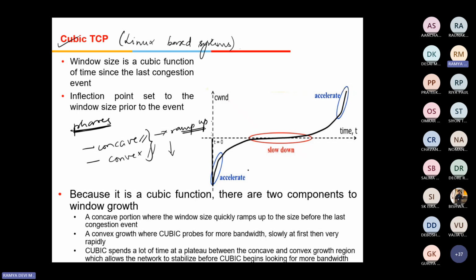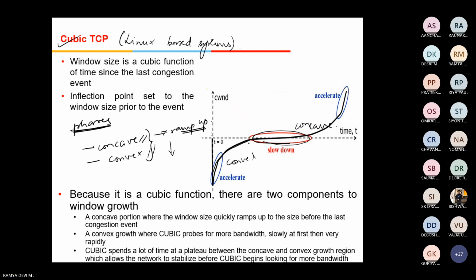So in fast recovery, it will grow in a cubic growth pattern. If the congestion is detected, it will come to the convex. The first one is convex, the next one is concave. Okay, slow down. It grows gradually. Here it is convex.